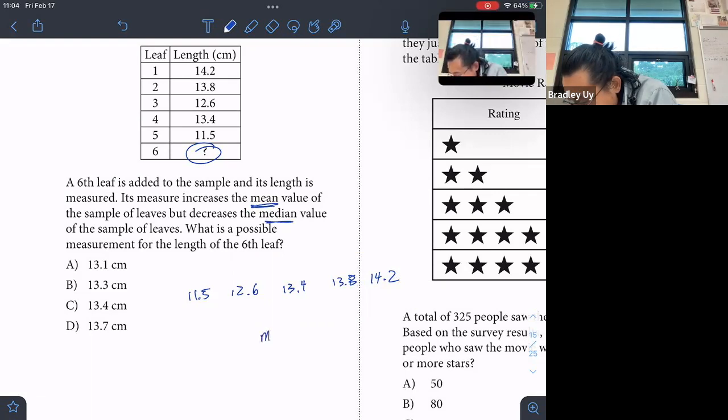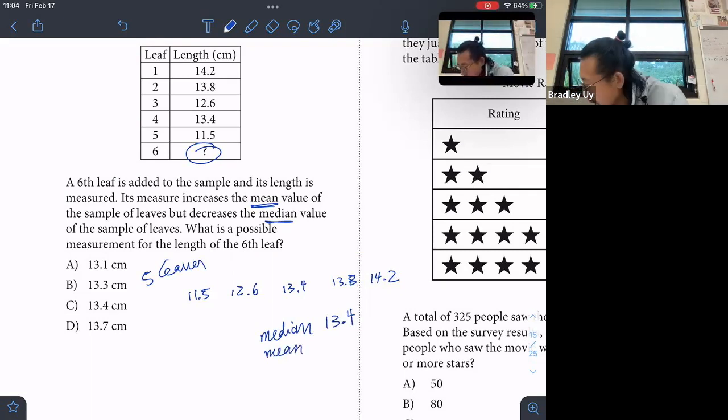It's median currently with 5 leaves. The median is the middle number, as I was saying, it's 13.4, okay? The mean I could calculate, I might as well. I don't think it's necessary though, but we will confirm our answer this way, 13.8, 14.2.